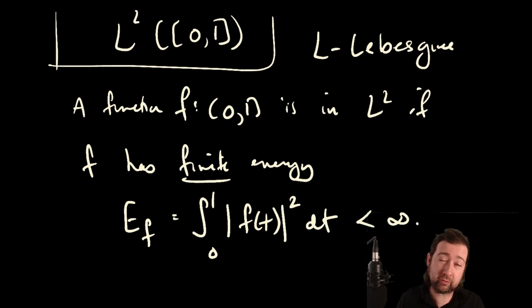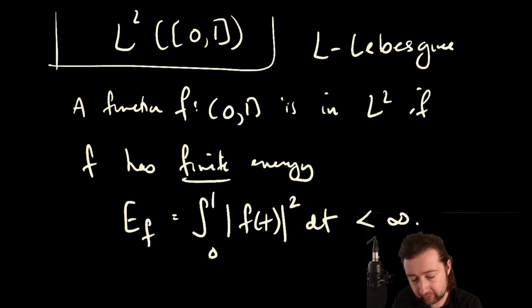And you also lose certain features that the space of functions is going to have, namely that Fourier approximations are the best approximations. So this set of functions, that is the functions L2 of 0, 1, where L stood for Lebesgue, and we say that f is in L2 if f has finite energy in this sense.